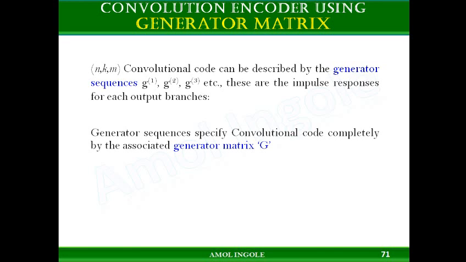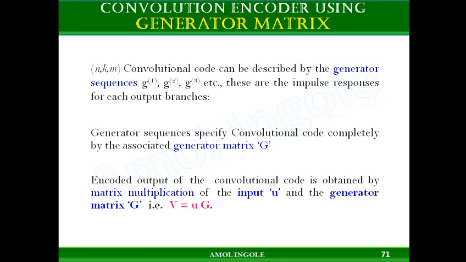Generator sequences actually specify convolution code completely by the associated generator matrix. That means we can use the generator sequence to construct a generator matrix which actually specifies the convolution.